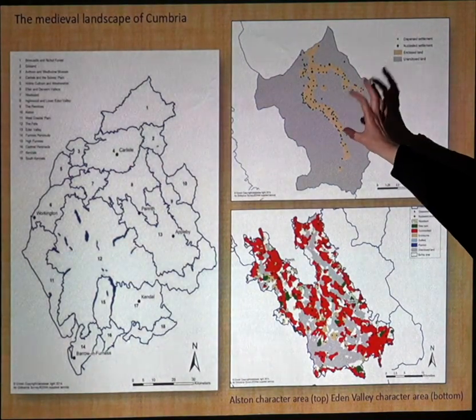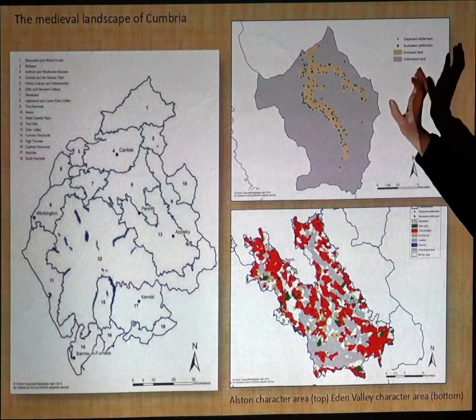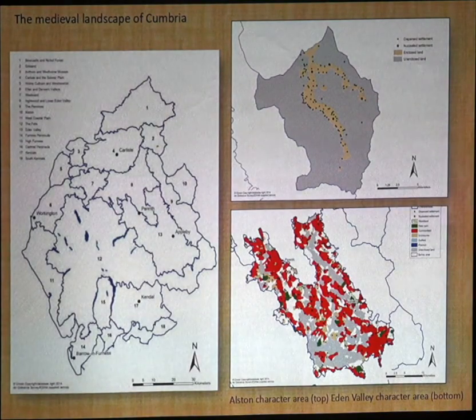But here, because of the impetus to mine silver and lead, they encouraged farmers to set up along the valleys. They gave them rights and they would have given them plots to exploit themselves, to have pastoral farming, so they could pasture animals out on the fells, and develop their own little plots of land along the valleys.